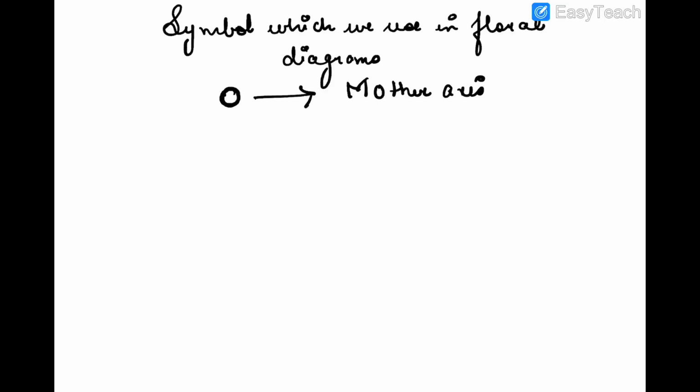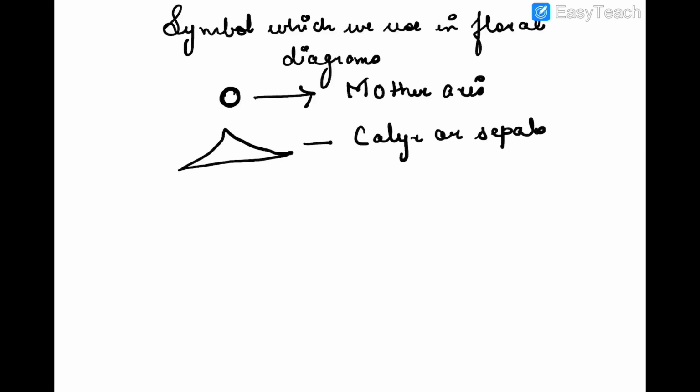Now calyx or sepals are made like this. This is the symbol of calyx or sepals. Corolla or petals are made like this. This is the symbol of corolla or petals.